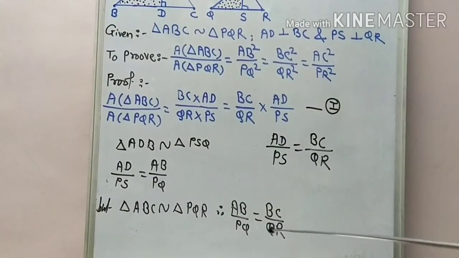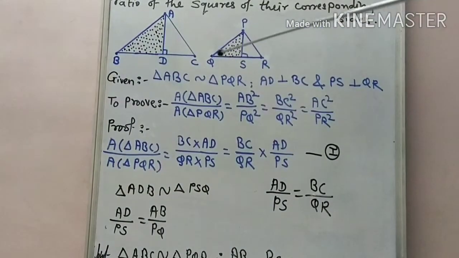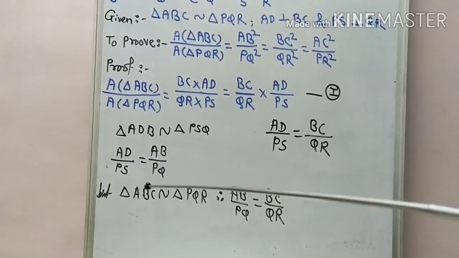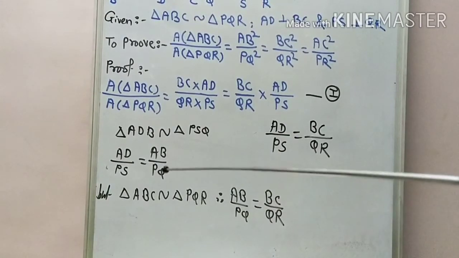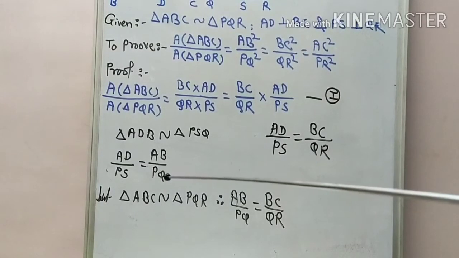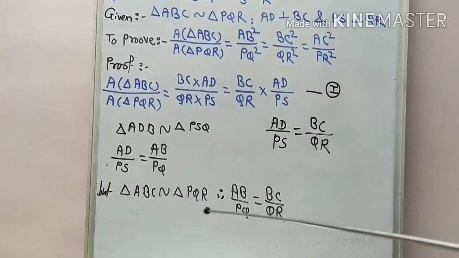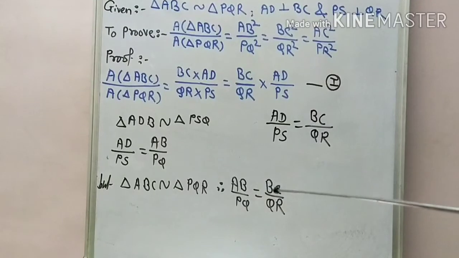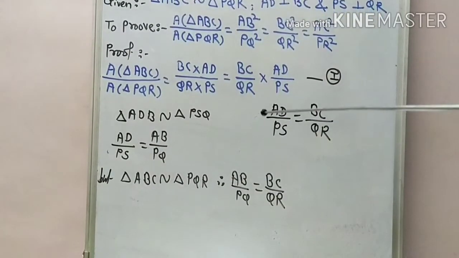So as we prove that the dotted triangles are similar, we get this ratio as equal, and using the given we get these ratios equal. So AD upon PS equals AB upon PQ, but AB upon PQ equals BC upon QR. It is like transitivity: the first ratio equals the second, which equals the third, so the third ratio equals the first, and hence we get this.